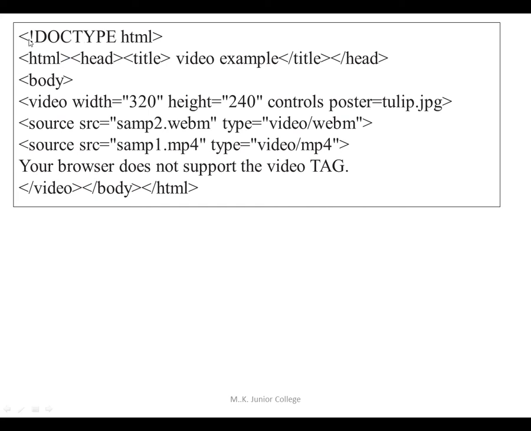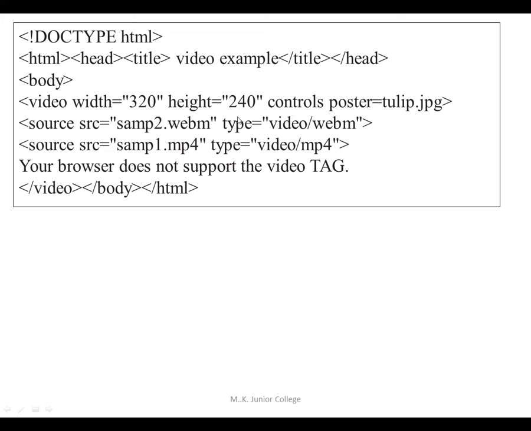So here, the first tag indicates the HTML5 file. Next, all the basic tags, starting with the body. Here again I am giving two sources. I'm starting with the very first tag, that is video. I'm managing the height and width of my video with some pixel amount.